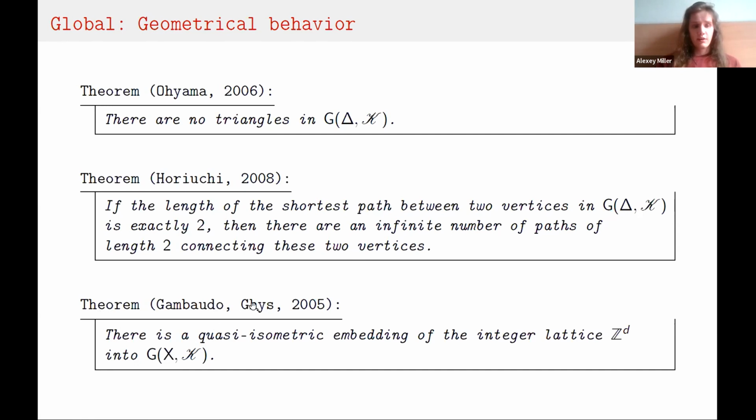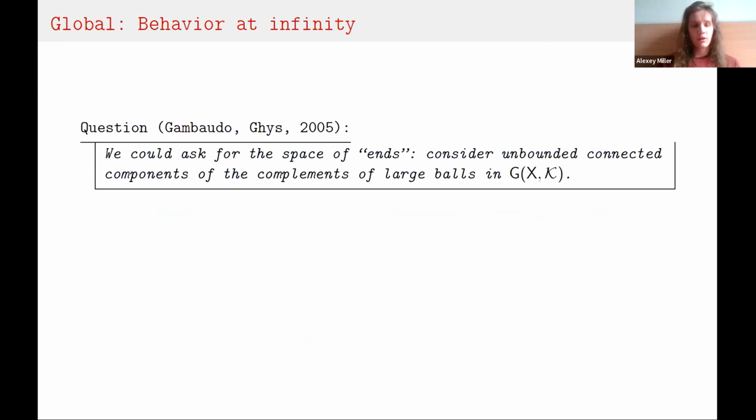But most of all, we are interested in a global question related to the behavior of Gordian graphs at infinity. In 2005, Gambaudo and Ghys raised the question of the behavior at infinity of the crossing change Gordian graph.